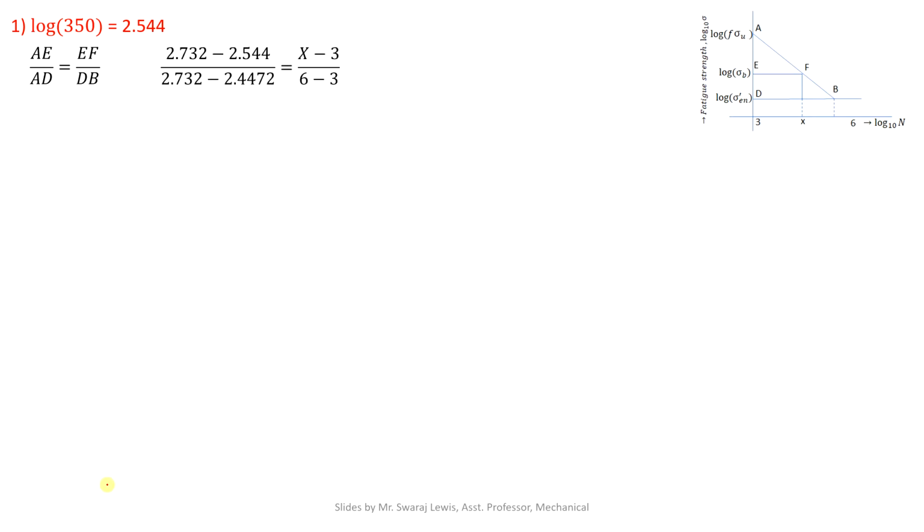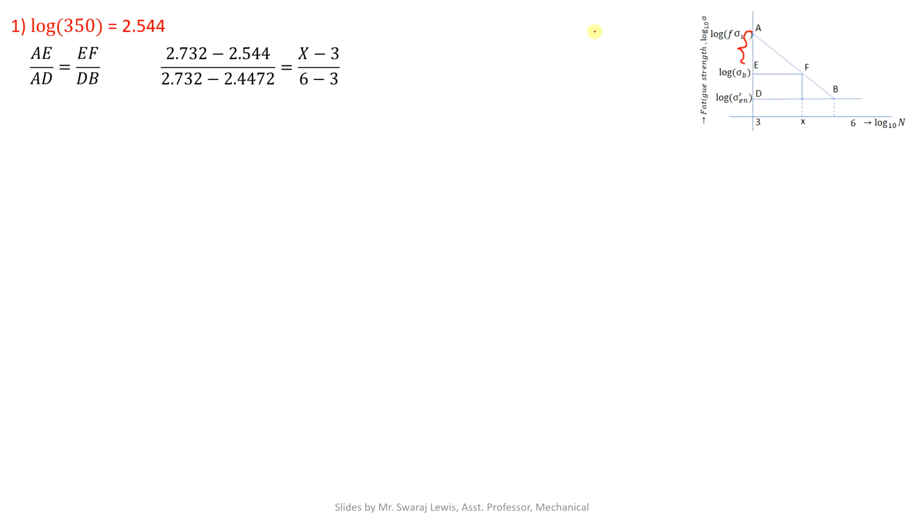Substituting it, we get the equation. Now if you look at the graph, AE is given, point A is F into sigma u, that is 2.732, and the point E is 350, that is 2.544. So your AE is nothing but the gap between point A from the axis minus point E from the axis.